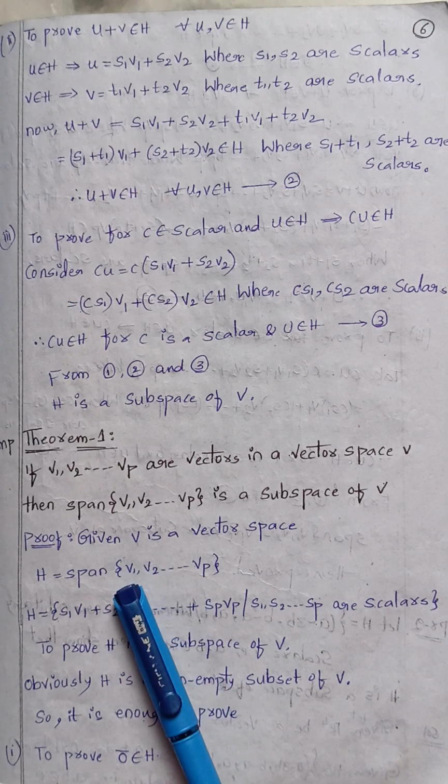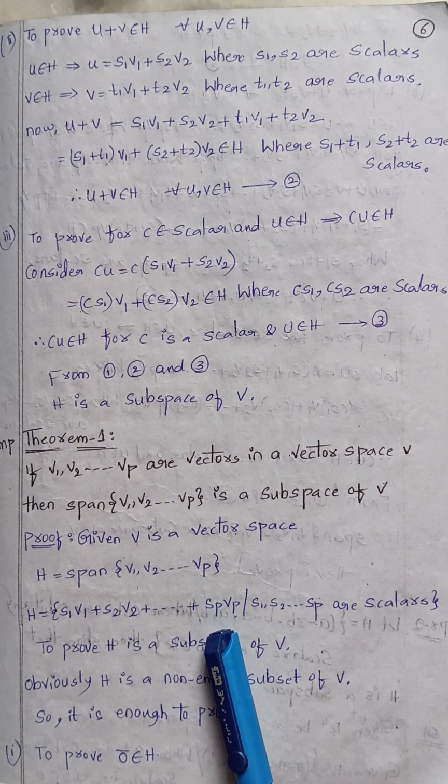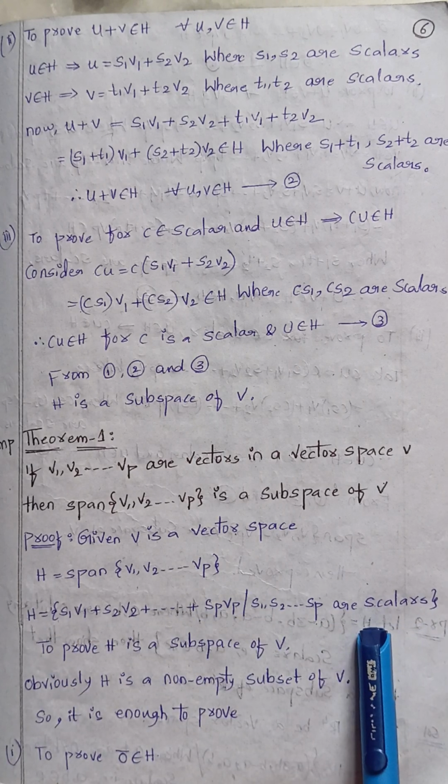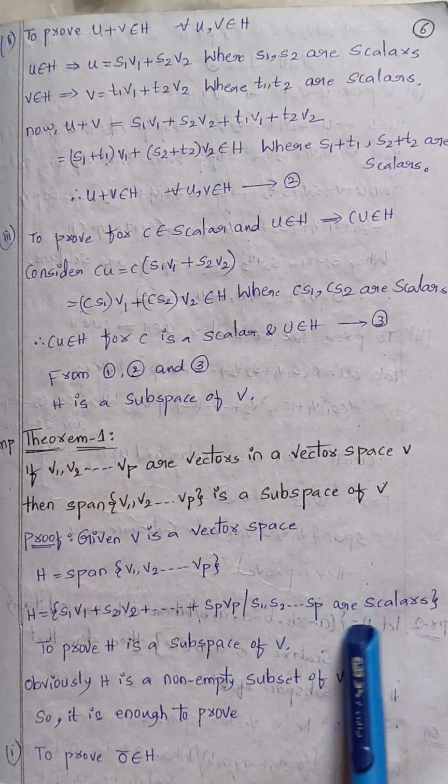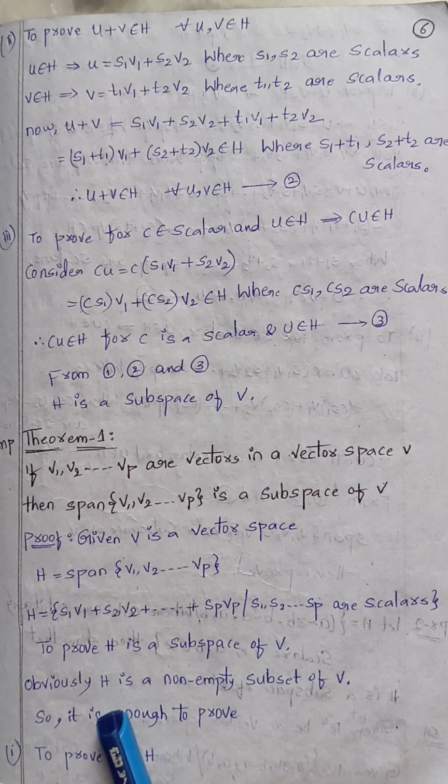Span means a linear combination of all these vectors, so S1 V1 plus S2 V2 and so on up to Sp Vp, where S1 to Sp are scalars belonging to F. Now to prove H is a subspace of V, obviously we know H is a non-empty subset of V, and it is enough to prove that the zero vector belongs to H.